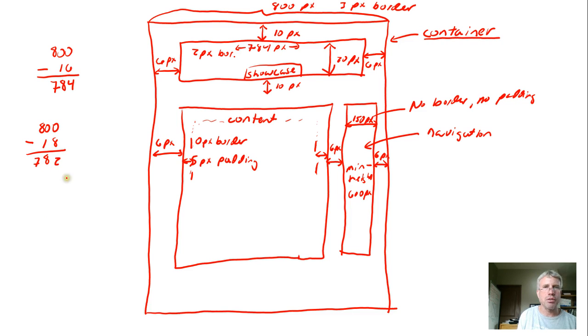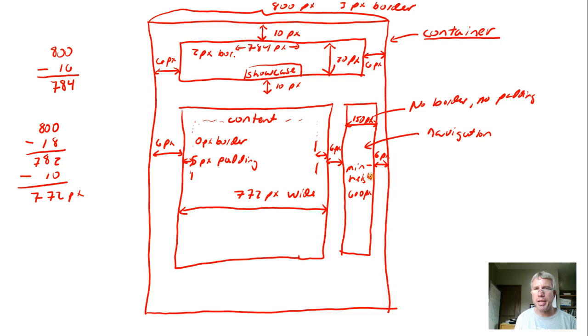Add back up to check the work, and then I want another 5 pixels of padding on the inside, both sides. So I need to subtract off another 10 pixels. That's going to take me down to 772. So it looks like I'm probably going to make him 772 pixels wide. And we'll do a min height on him also. So we'll do min height of 600 pixels. We'll have the minimum heights of both of these matching, and this can be bigger if it needs to.